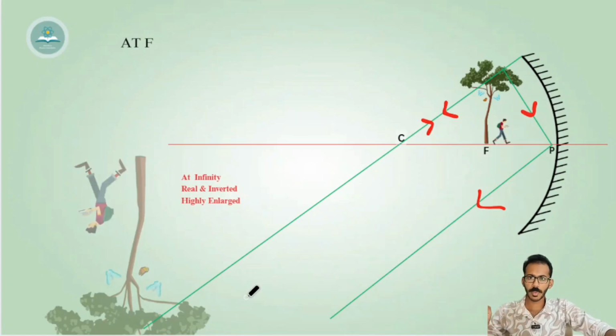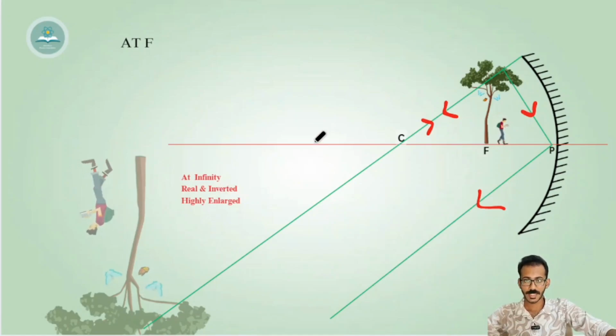We'll keep on moving backward, but still it won't be that clear for us, which means the image is formed. We can feel like it's inverted also. It's highly enlarged also, but we won't be able to get it. We'll have to move still backward. So actually here, when the object is kept at F, the image will be formed at infinity. That's why we won't be able to get it.